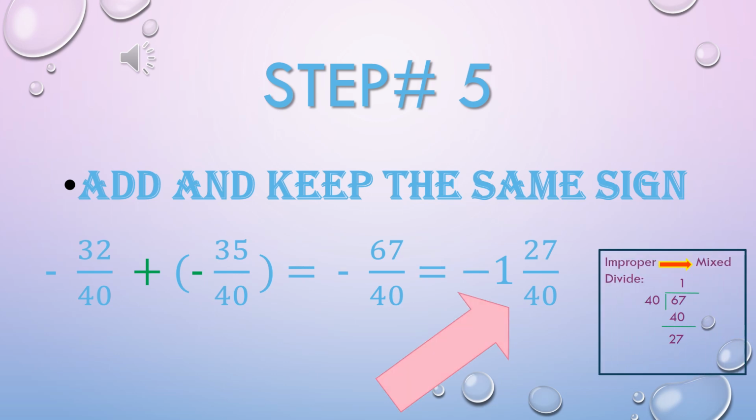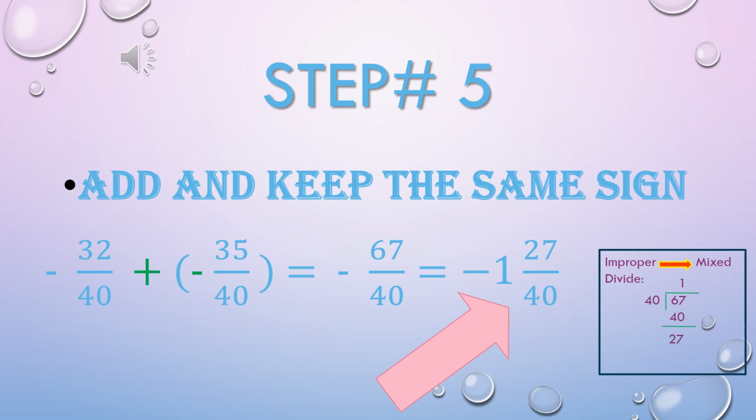If we add negative 32 plus negative 35, your answer is going to be negative 67 over 40. Remember, the denominator does not change. But because that answer is improper, we need to change it to a mixed number.